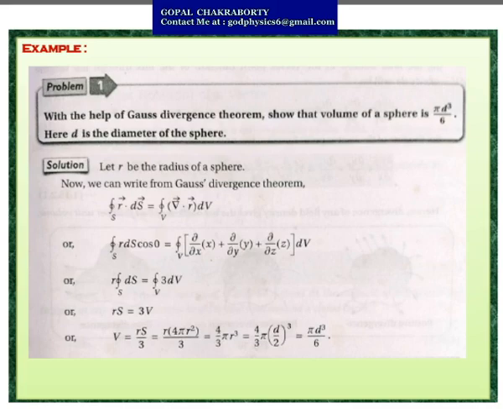So v equals r into s by 3. Okay, so r is the radius, s is the surface area. So the surface area of a sphere is 4 pi r square. We substitute all these values and that will give us pi d cube by 6.